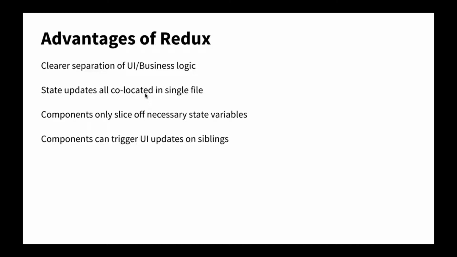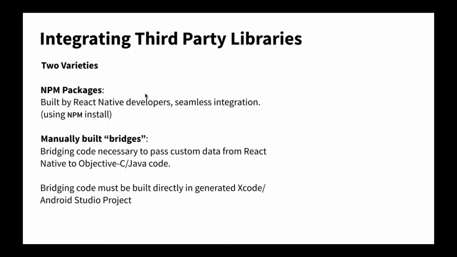So another positive function of React is the amount of foresight that they've put into making sure we can integrate third-party libraries. There are really two main varieties of third-party library integration.